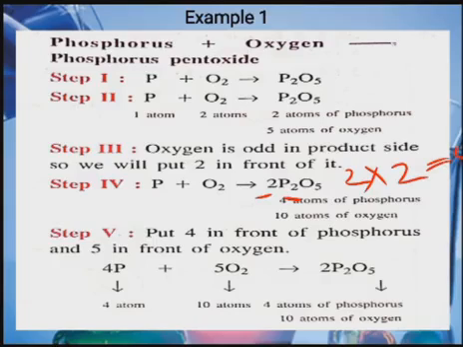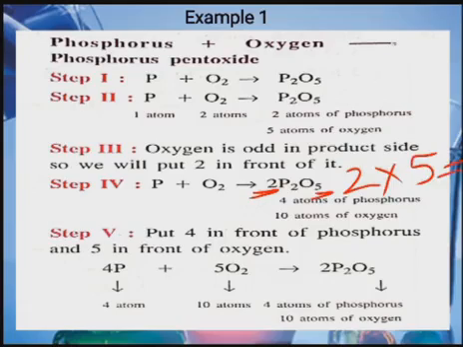Now there are 4 atoms of phosphorus in this P2O5, and this 2 and this 5, 2 into 5 is equal to 10, which makes 10 atoms of oxygen. This 2 applies to both, that is to P also, which makes 4 atoms of phosphorus, and to O, making 10 atoms of oxygen.